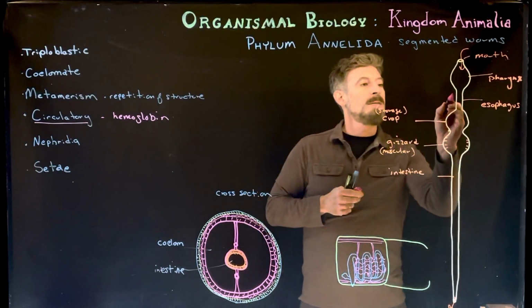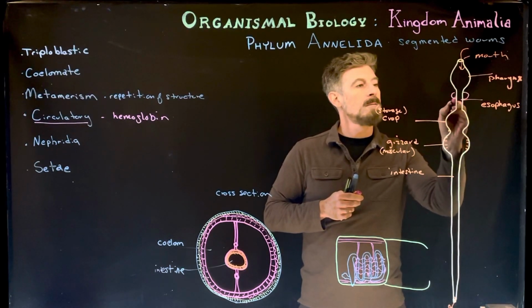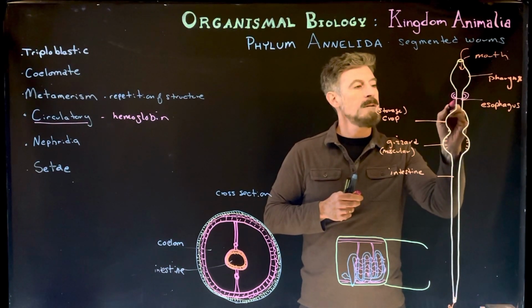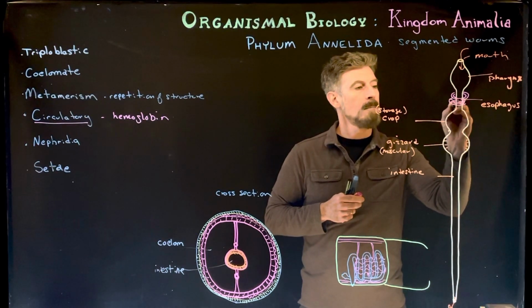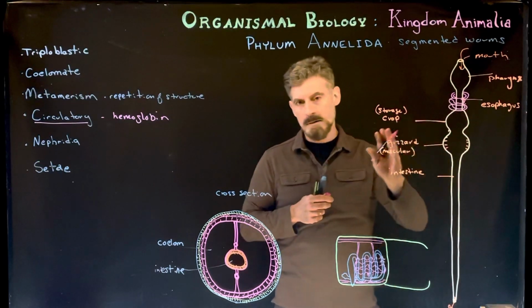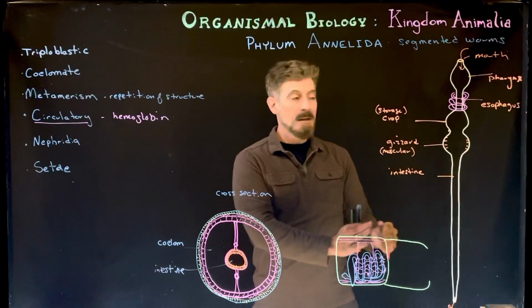What they have are structures surrounding the esophagus. A bunch of ring-like structures. I'm not drawing all of them; this isn't the full detail. Typically they line up with segments of the animal's body.